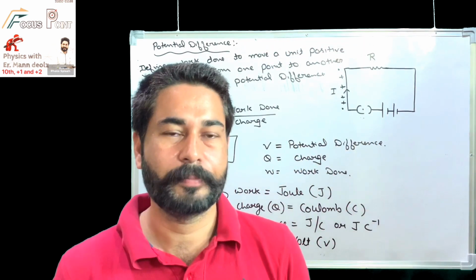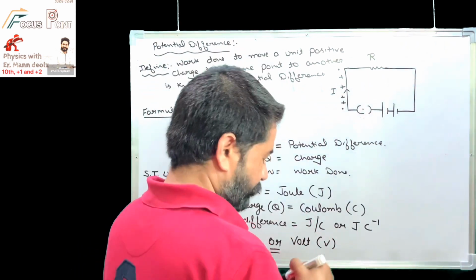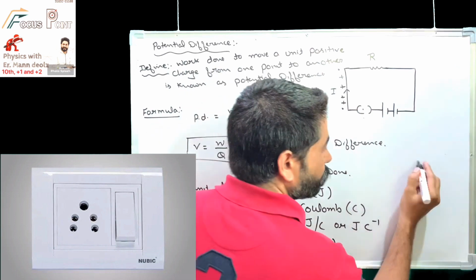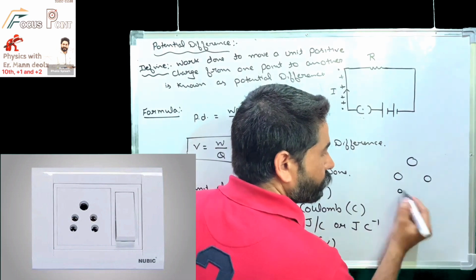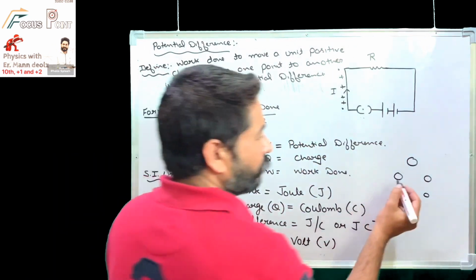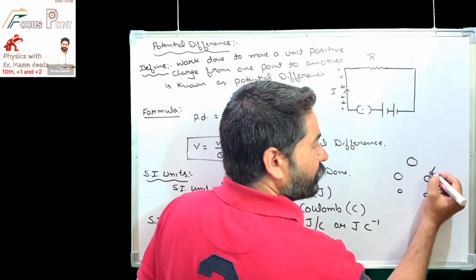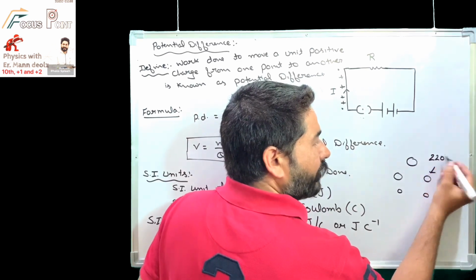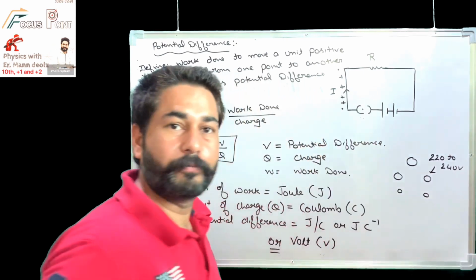In our homes we have plugs, everywhere of this shape. Now what do we get across these points? We get near about 220 to 240 volt of electricity.